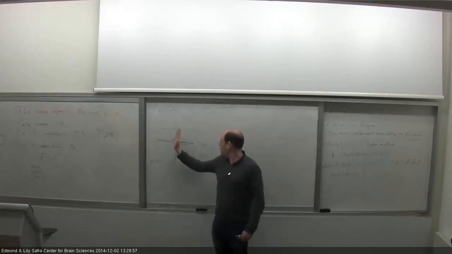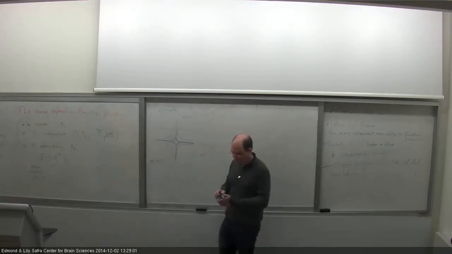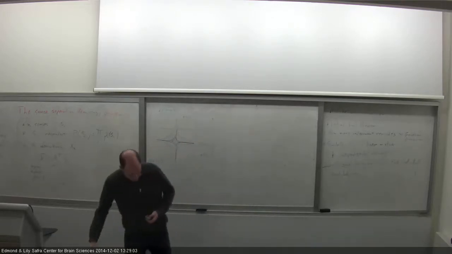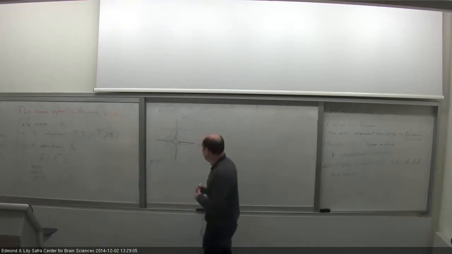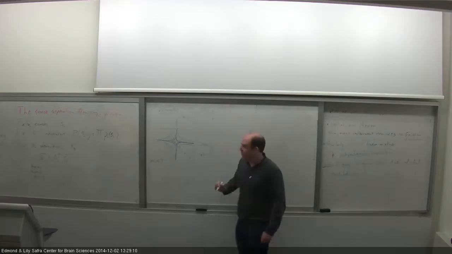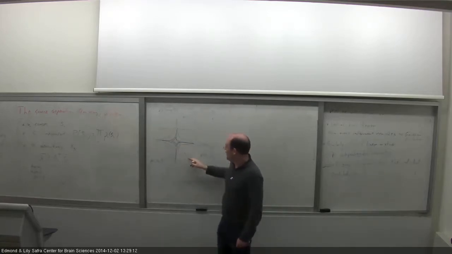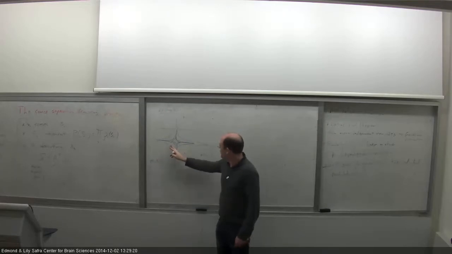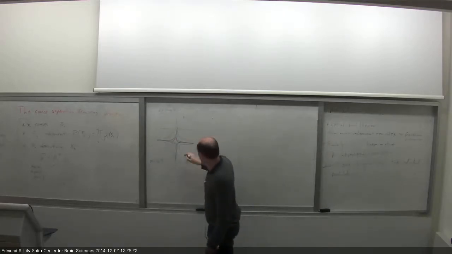If I take the linear combination that generates S2, I will get this probability distribution. Turns out that if you take something like S1 plus S2, this is like projecting over something like this.